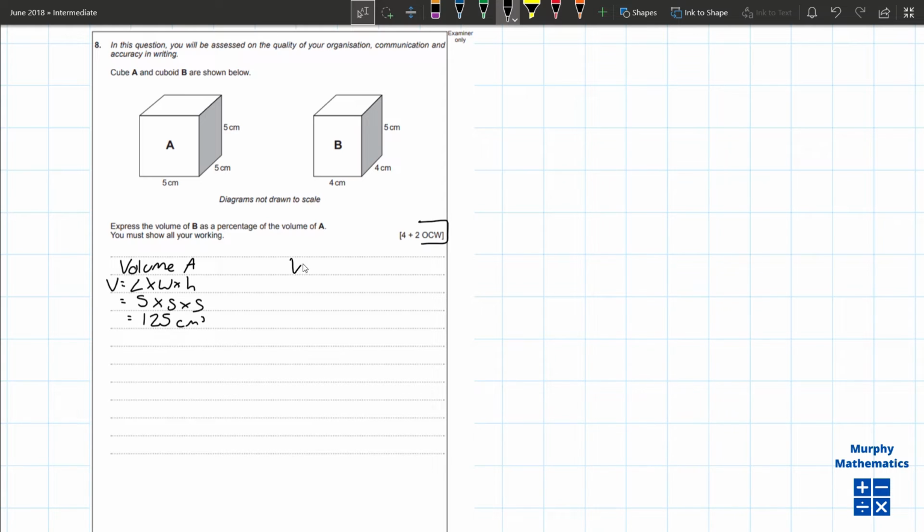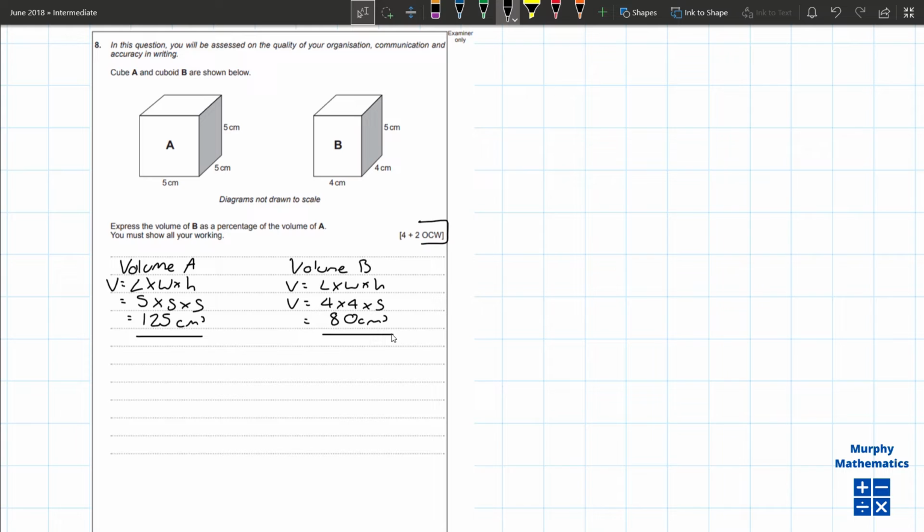Okay, so volume of B, we've got volume equals length times width times height again, because it's a cuboid. So volume equals 4 times 4 times 5, which, putting that into a calculator, we get 80 centimeters cubed.